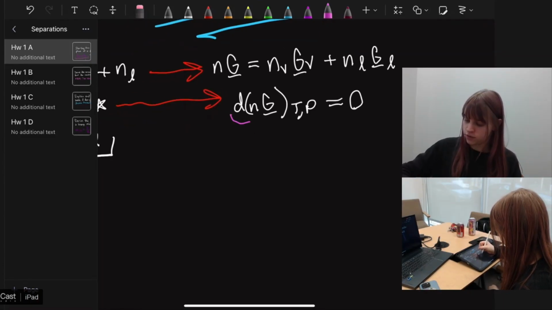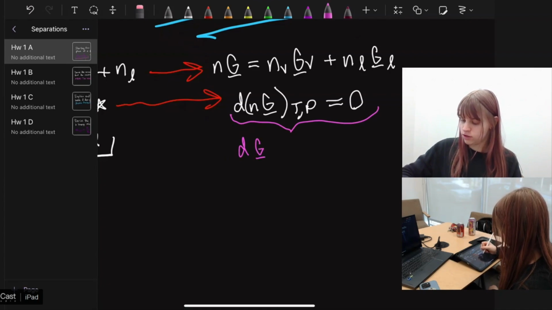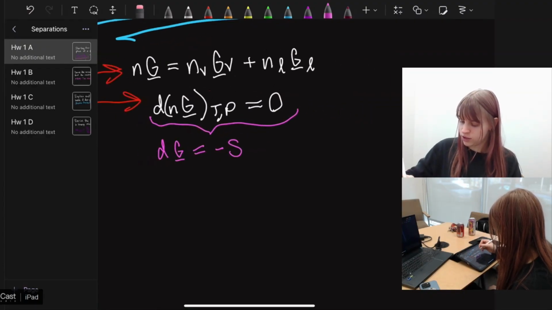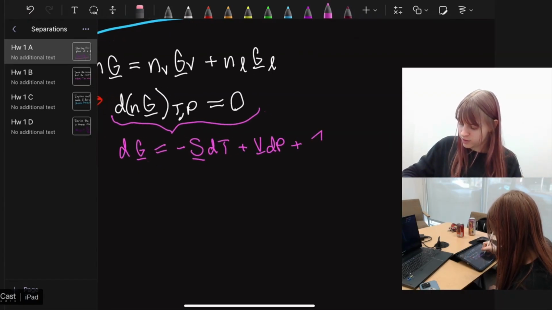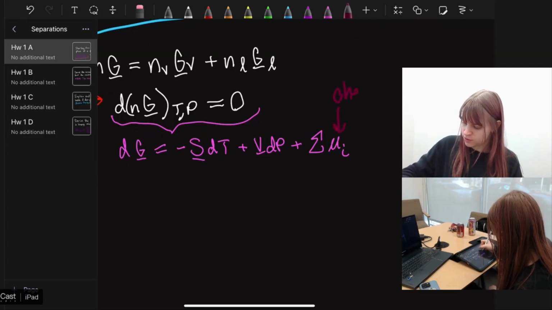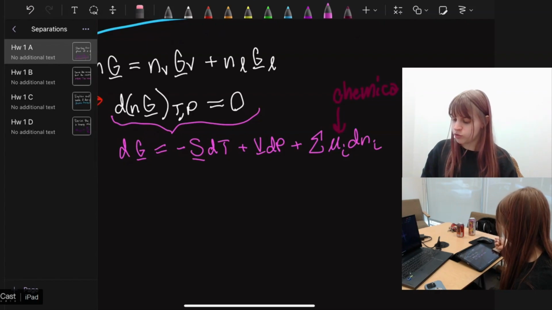This right here comes from the fact that the change in the Gibbs free energy of a pure component is equal to negative S, the entropy, dT plus V dP plus the summation of the chemical potential times the change in moles.